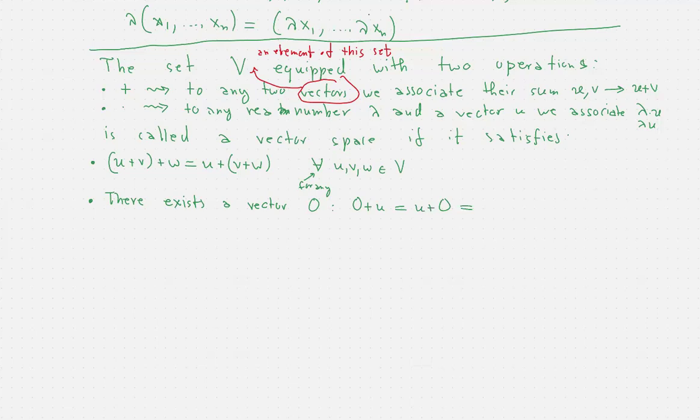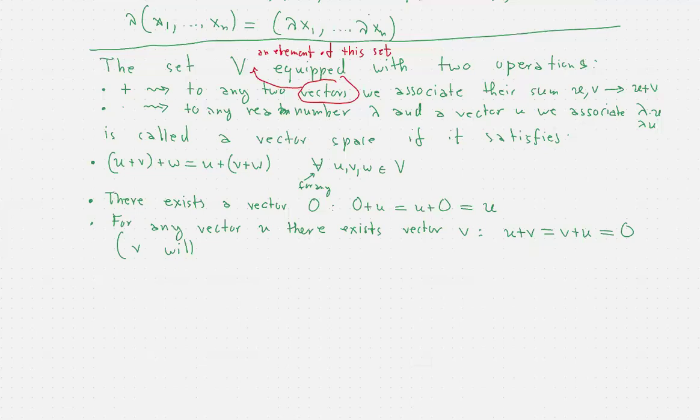And for any vector u, that's the third property, there exists a vector v, which is the opposite, meaning u plus v is the same thing as v plus u and it's equal to 0. V will be denoted by negative u.